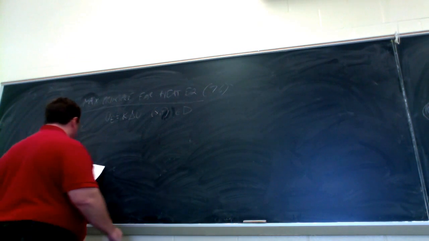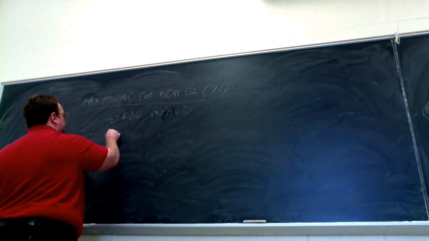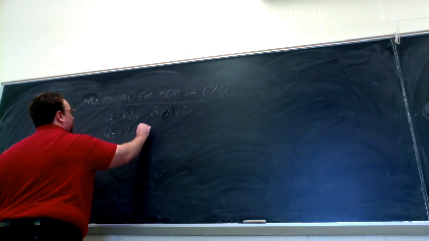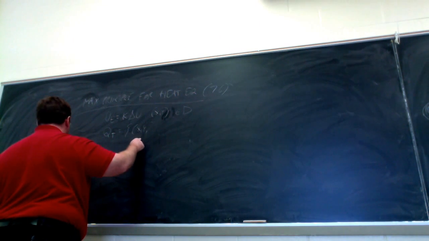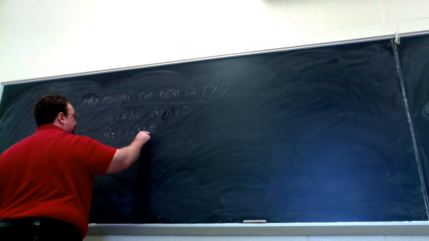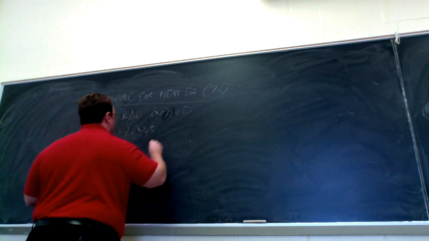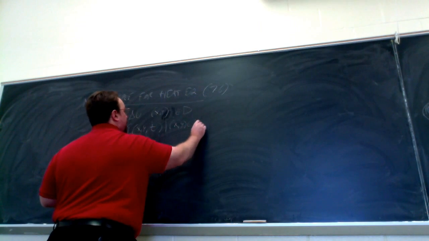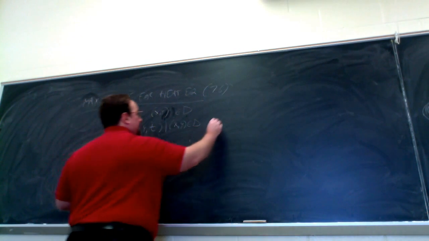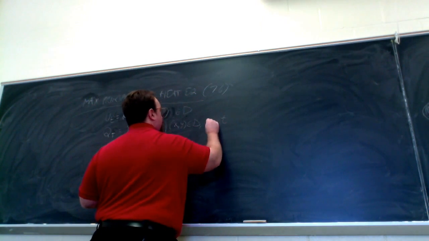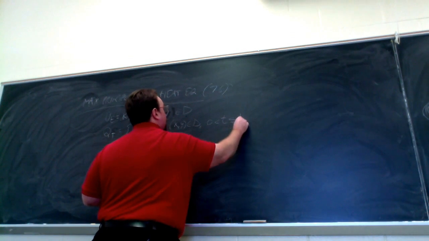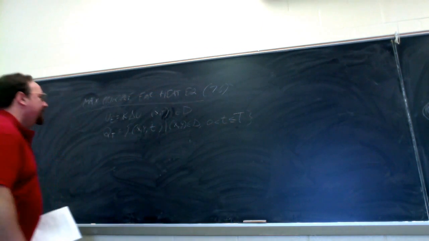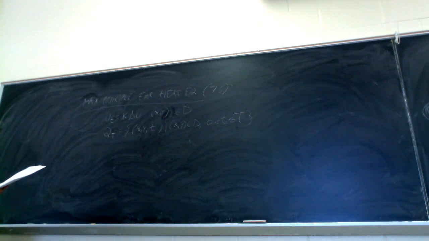Now, I can define a domain Q sub T: the set of all points in space, which could be however many dimensions you have, including t as a time variable, where your spatial variables are in your domain D, and t is between 0 and a final time, capital T.